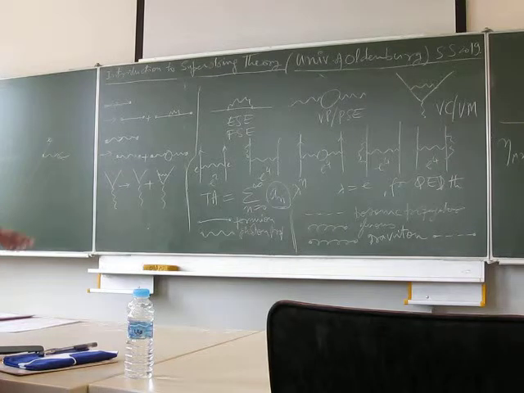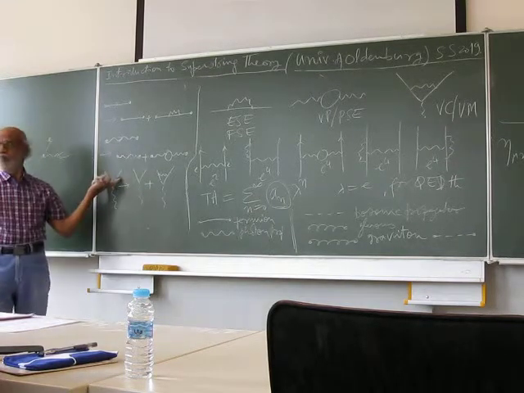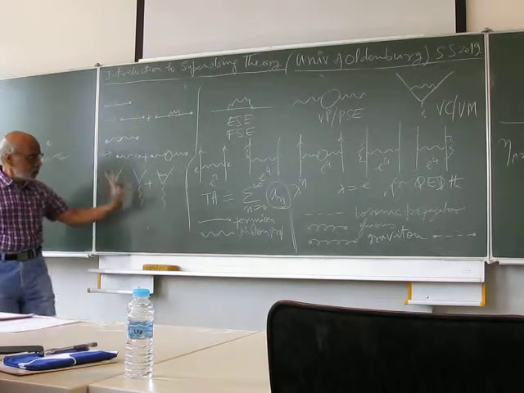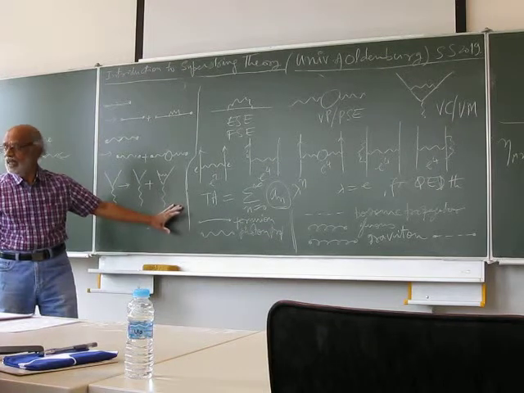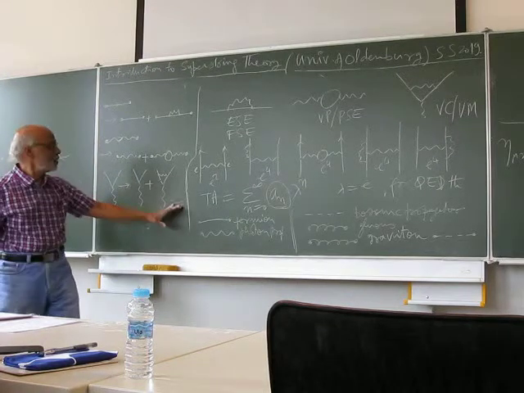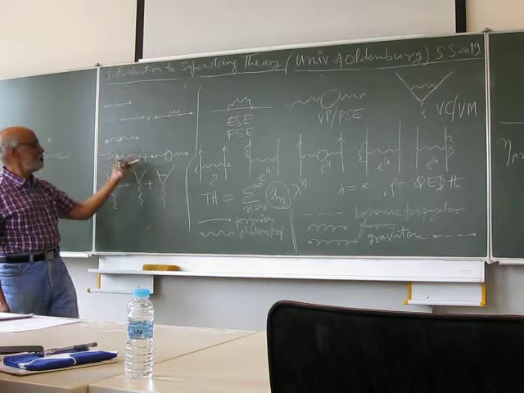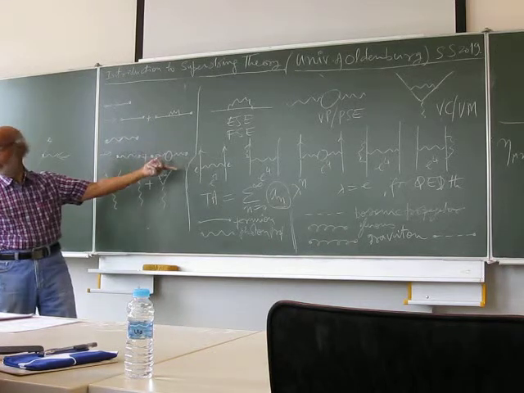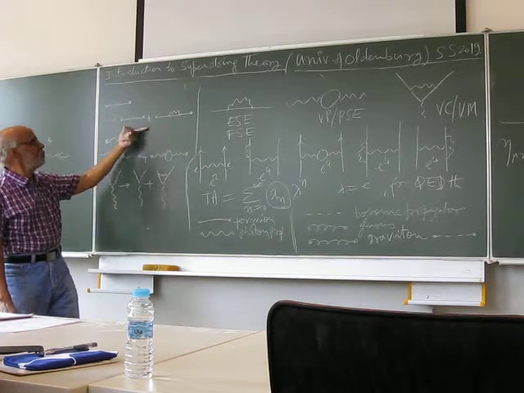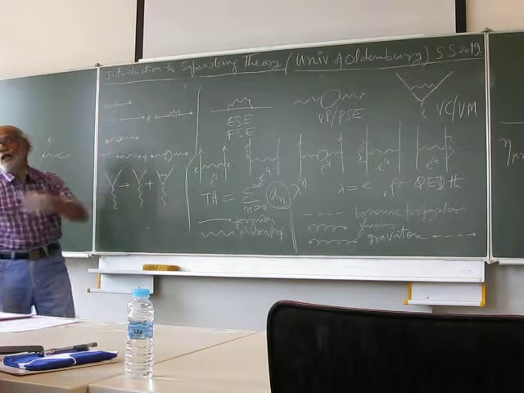So this is the vertex of free, bare particles. This plus this is the vertex of the physically interacting particle. This plus this is the propagator of a physically interacting photon. This plus this is the propagator of a physically interacting electron.